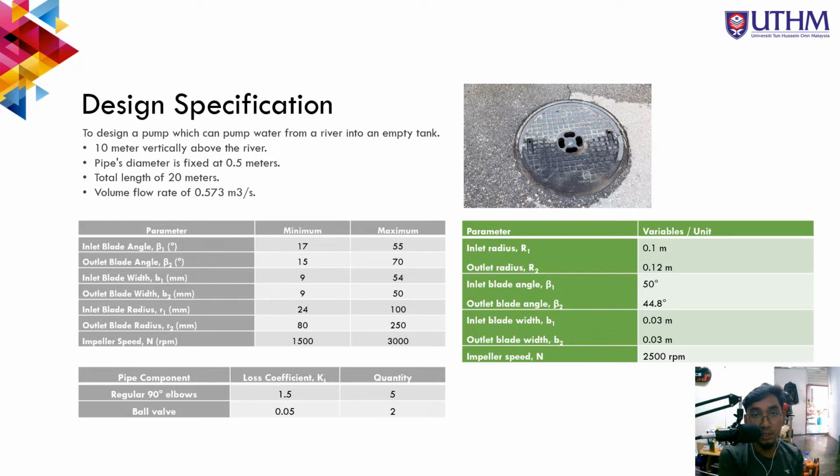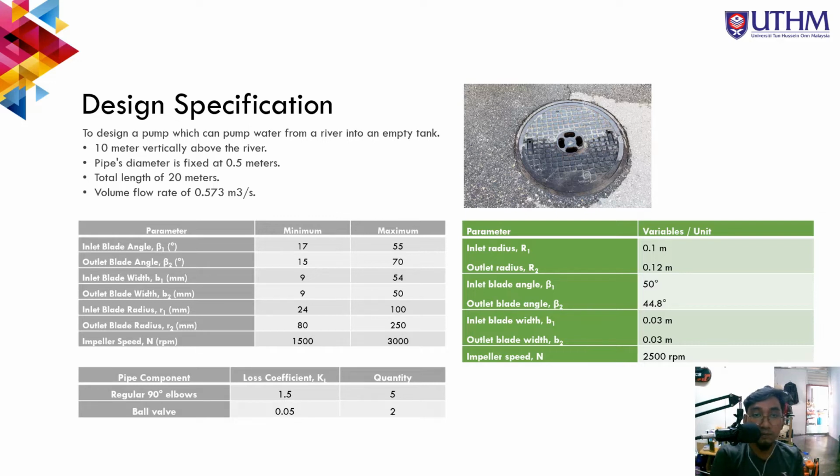Values for the parameters listed in the first table, which are bounded by a minimum and maximum value, must be configured. We can say this is the limitation of the pump. As you can see at the top of the slide, this is the example for the asphalt cast iron, which is chosen as the pipe material for the piping system with surface roughness 0.00012 meter.